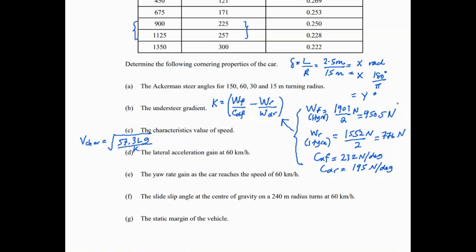Okay, D, the lateral acceleration gain at 60 km per hour. Based on the lecture note, the equation is quite long, so I just write it down.